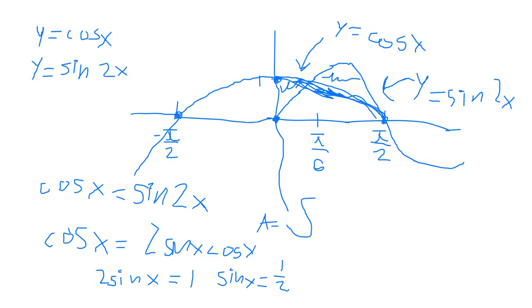For the first one, we have pi over 6 and 0. You can see here that our upper function is cosine of x, so we do cosine of x minus sine of 2x.